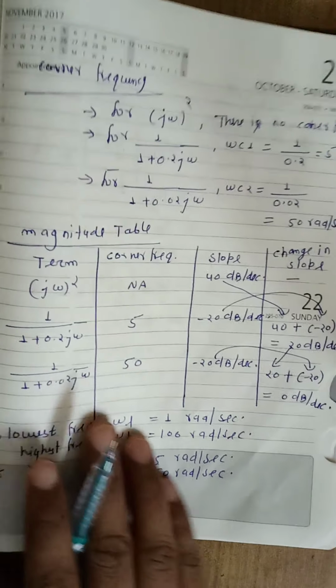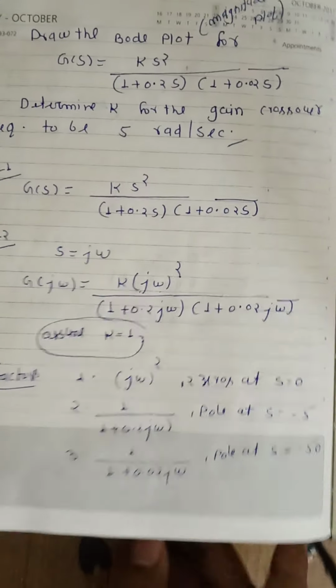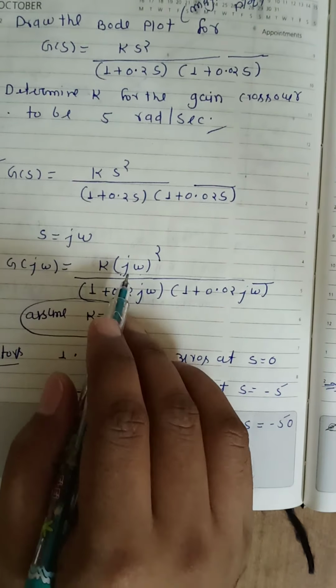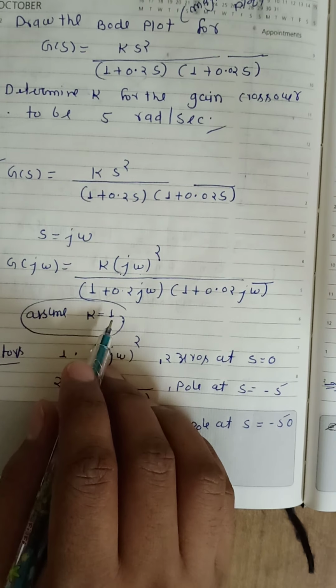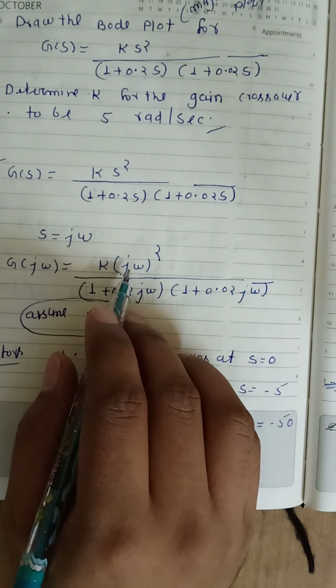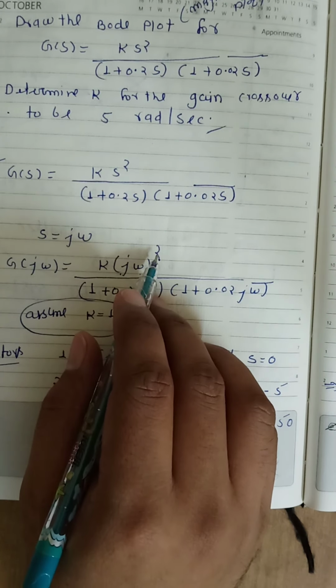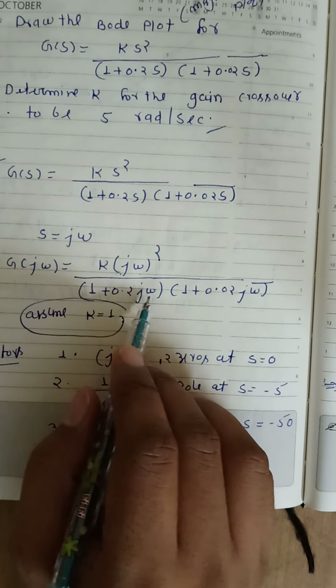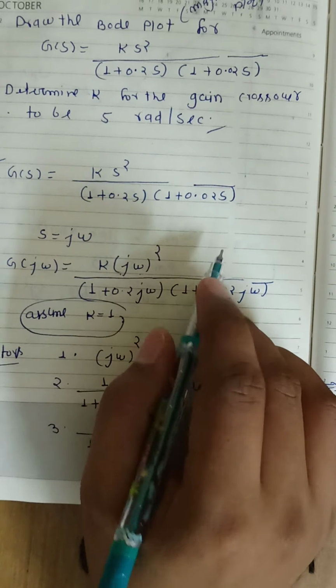If we see the transfer function, the first term is (j omega) power 2, because in the denominator we don't have any s term or any j omega term, and we are assuming K is 1. Second term becomes 1 over 1 plus 0.2 j omega. Third term becomes 1 over 1 plus 0.02 j omega.